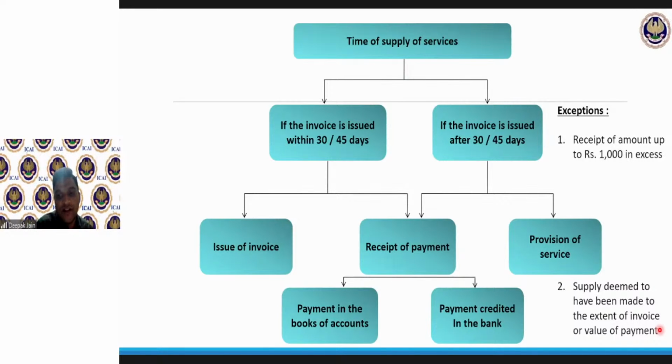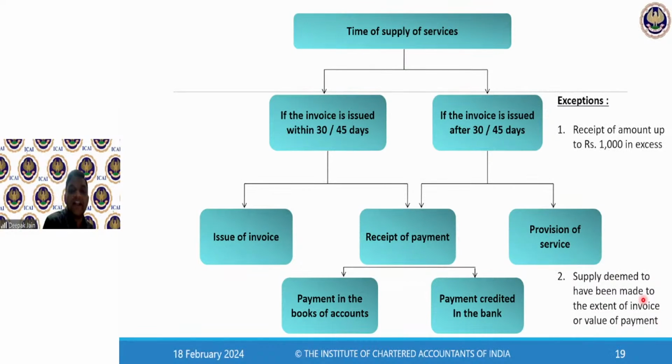Explanation two: supply is deemed to have been made to the extent of invoice or value of payment. To the extent of the advance that I've collected, it is deemed that to that extent I have made a supply. So if the supply transaction is for 10,000 and I've received payment of 2,000, we know that GST is to be paid on the earliest of these two, right?